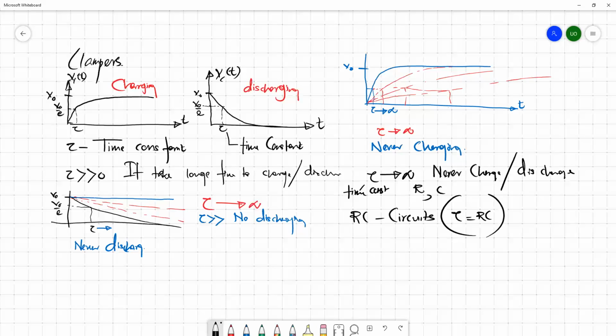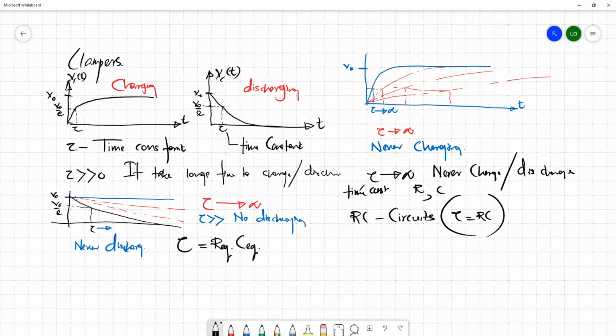In that scenario, your time constant tau would be R equivalent times C equivalent.